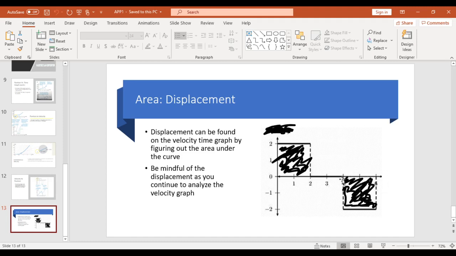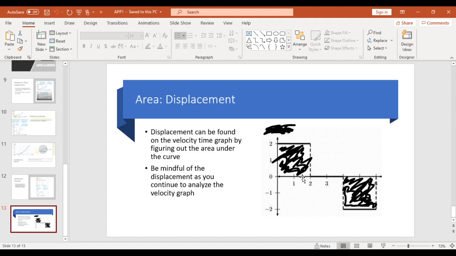From 4 to 6, you have traveled for 2 seconds at a velocity of negative 2 meters per second, right? So 2 times negative 2 is negative 4. So this is 4 meters if we're doing 0 to 2, and this is negative 4 when we focus on 4 to 6, right?